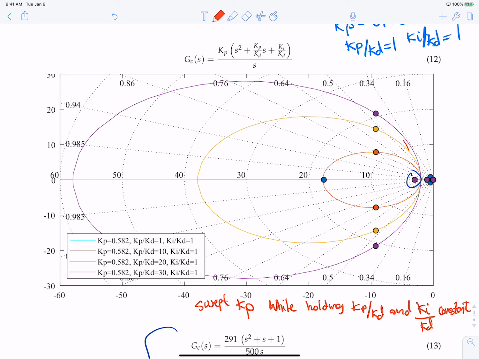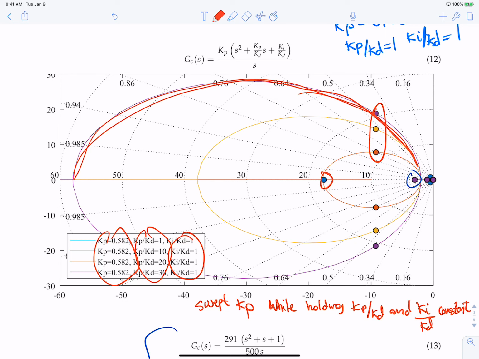So all of these points on these lines are different Kp with these constant ratios. And this ratio here, this 0.8582, corresponds to these discrete points that I picked for plotting their step response here.